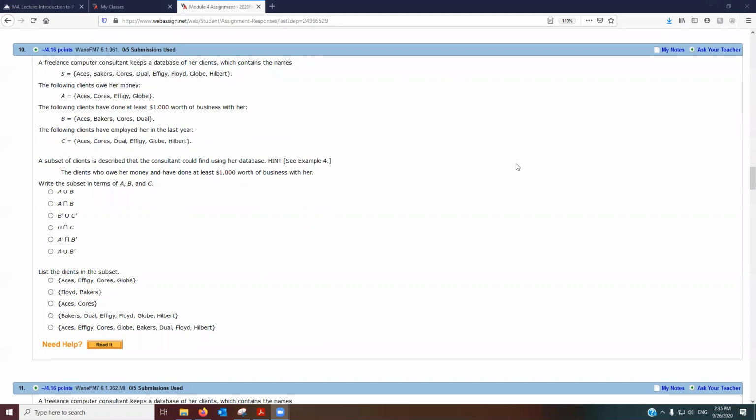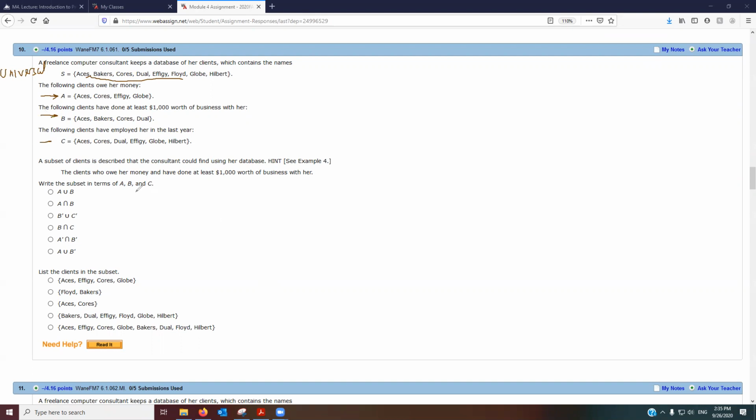All right, so they're giving me some different sets for a freelance consultant. These are all the clients. This is like the universal set here. But then there's a set of clients that owe her money. That's set A. There are a set of clients that have done at least $1,000 worth of business with her. That's set B. And the clients that employed her in the last year, set C.